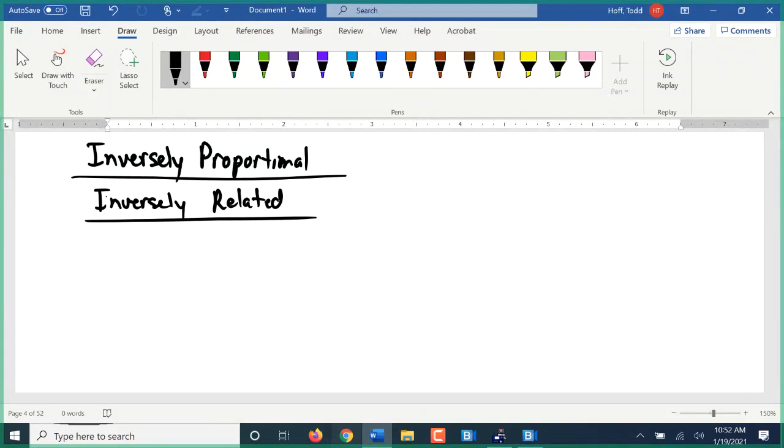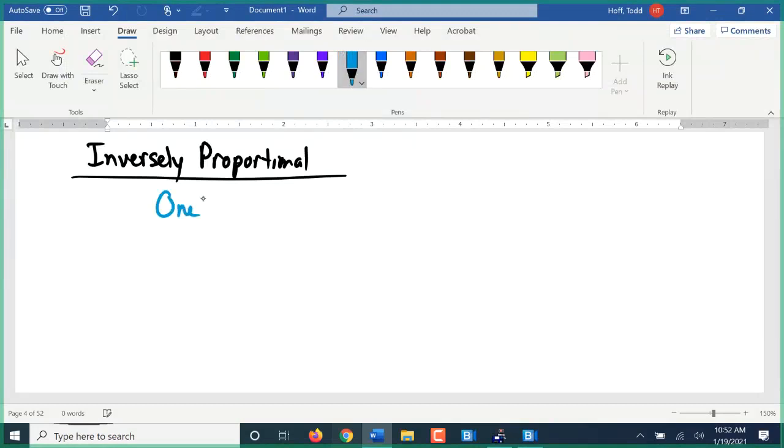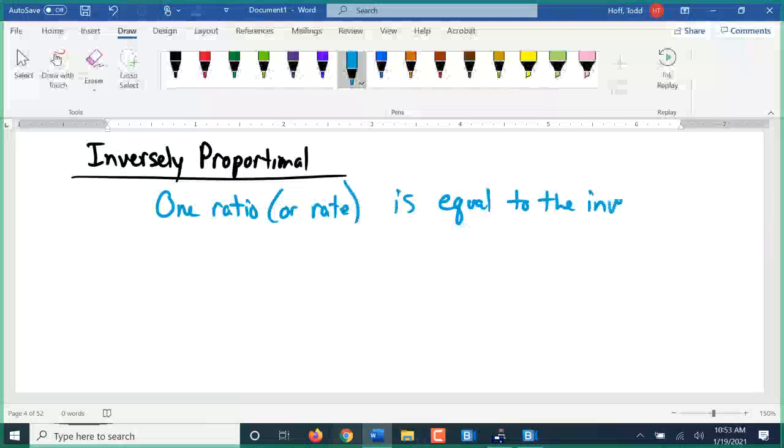Let me talk first about inversely proportional. Inversely proportional means one ratio or rate is equal to the inverse of another ratio or rate, of course.